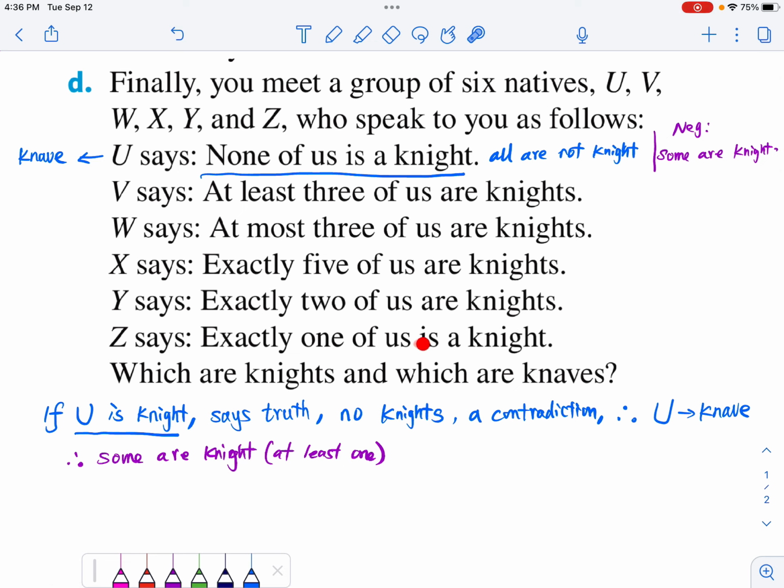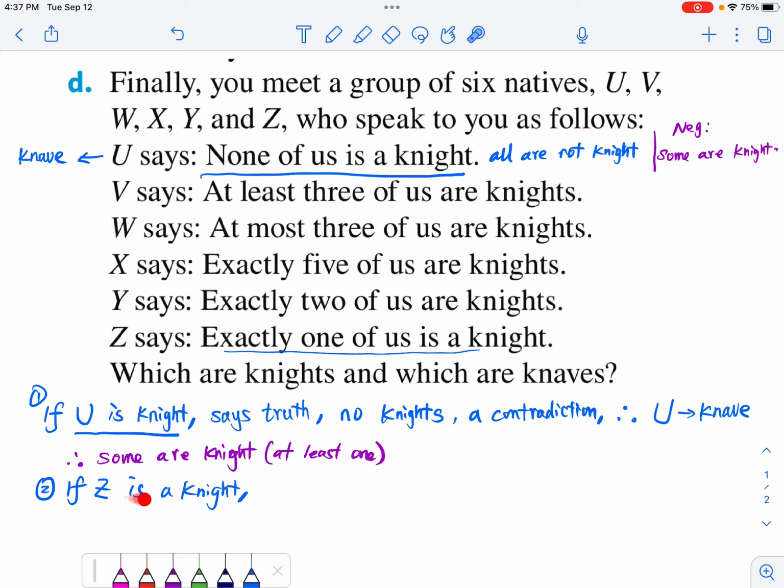Z says exactly one of us is a knight. So that's my step 1. Step 2, I'm going to take a look at what Z says. Just like what we did here, we begin with an assumption. If Z is a knight, that means what Z says is true. So exactly one of us is a knight. Only one knight, right?